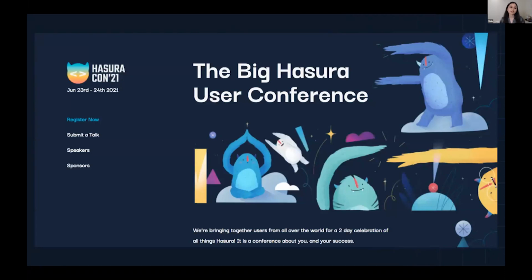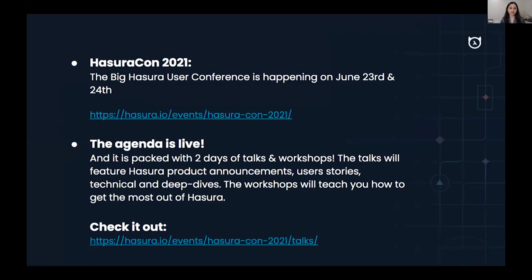So join us next month on June 23rd and 24th for the big Hasura user conference. The agenda just went live recently, and it's packed with 2 days of talks and workshops. The talks will feature Hasura product announcements, awesome user stories that we love talking about, and technical in-depth deep dives on our product stuff, and the workshops will teach you how to get the most out of Hasura.